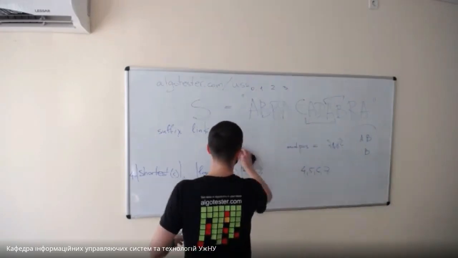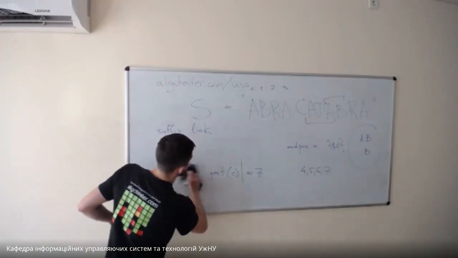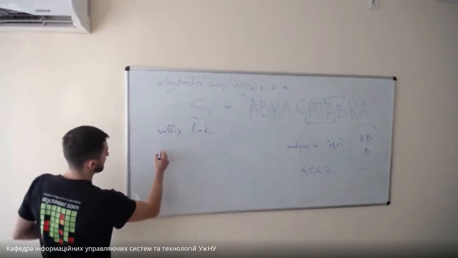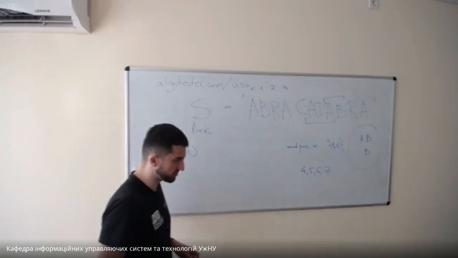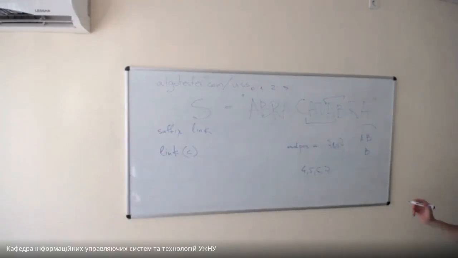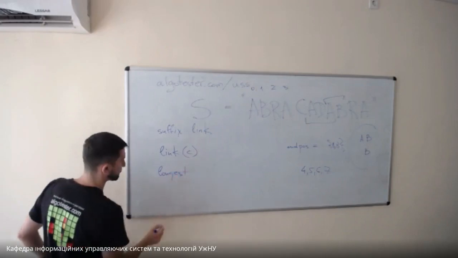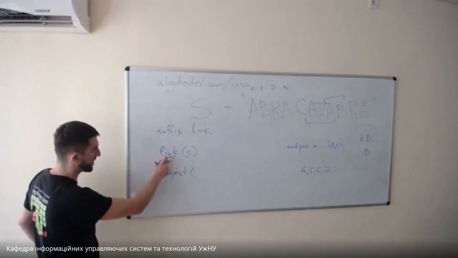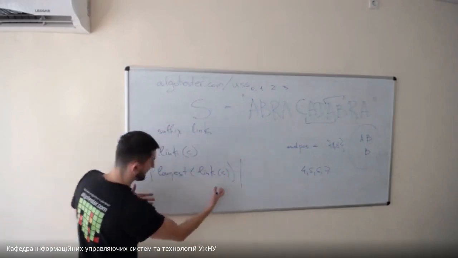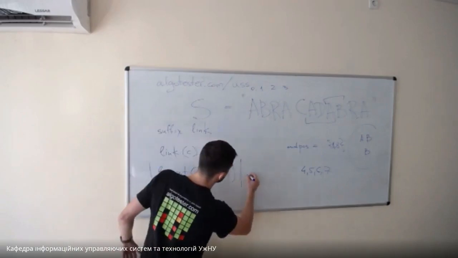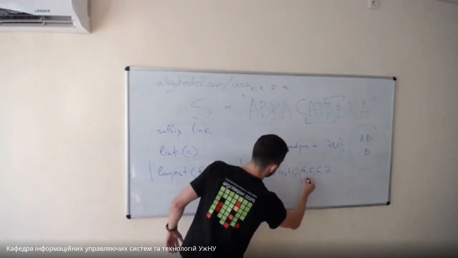In other words, if we have a suffix link, let's call it just link, of some class of equivalence C, then the longest string of the class where our link points to, the size of this longest string is actually equal to the size of the shortest string of our class C minus 1.